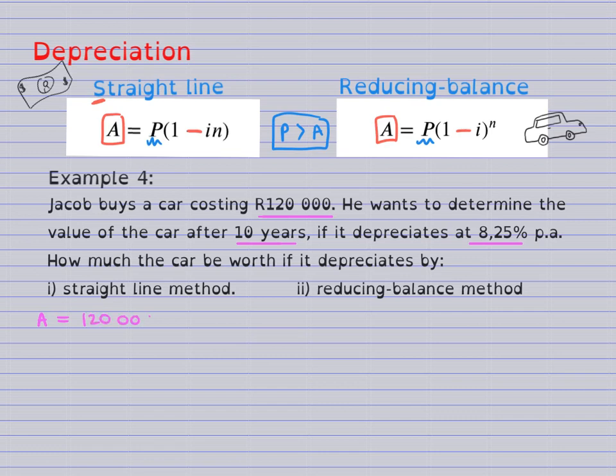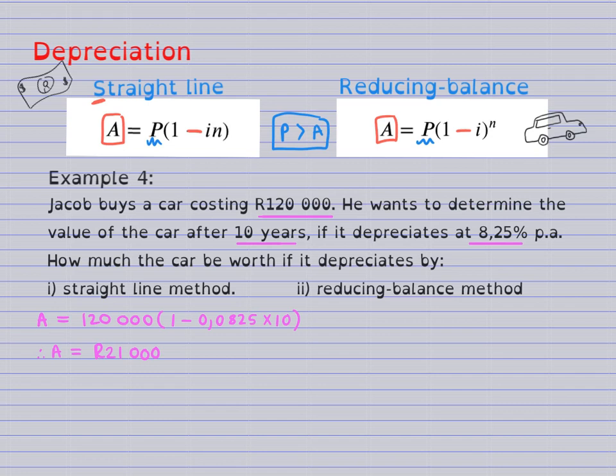So 120,000, 1 minus 0.0825, and we're going to multiply that by the 10 years. Now, you want that A value to be smaller, right? The amount at the end must be less than what the car initially cost. We just punch it into our calculator. Oh my goodness, it's only worth 21,000 Rand after 10 years.